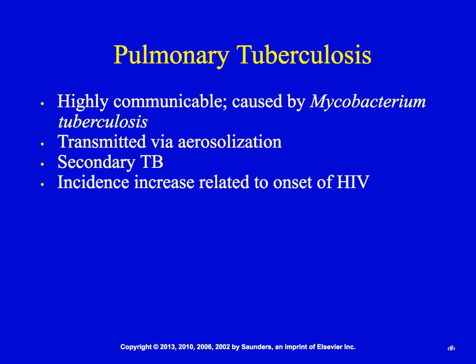So important things to know about tuberculosis is people can be exposed to it, and the germ can be put down into the lungs, but it doesn't necessarily mean that a patient has active TB. They can have some lesions in their lungs that occur from an exposure, but a lot of patients are able to fight this off.